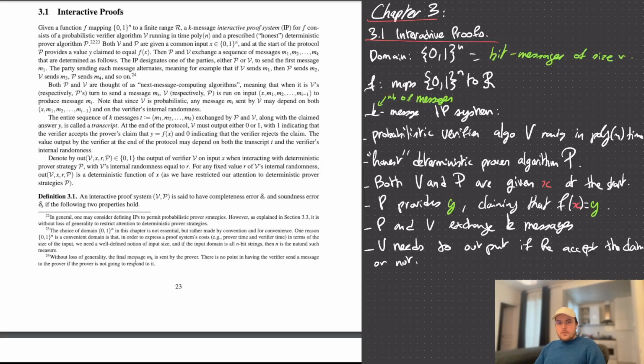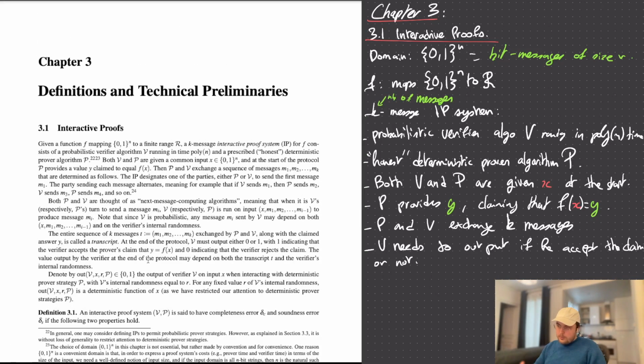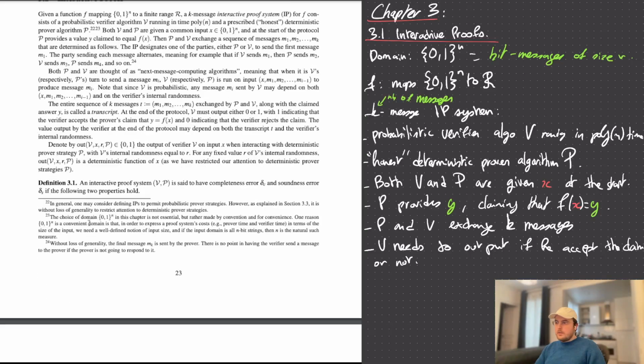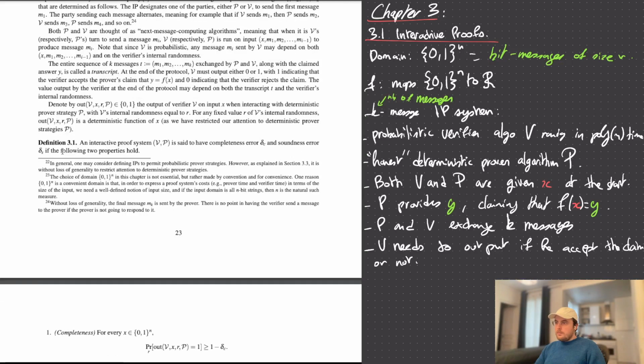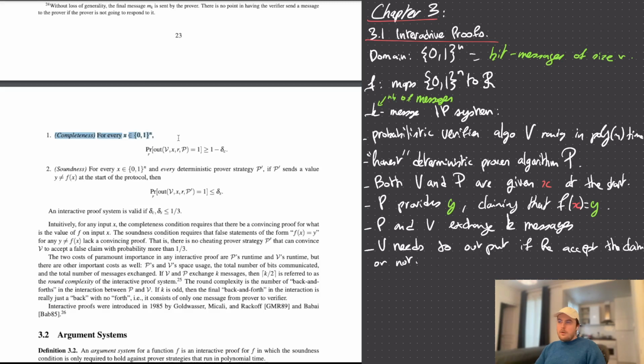Okay, so that is a K-message interactive proof system. An interactive proof system, V P, is said to have completeness error delta C and soundness error delta S if the following two properties hold. Okay, this is probability.